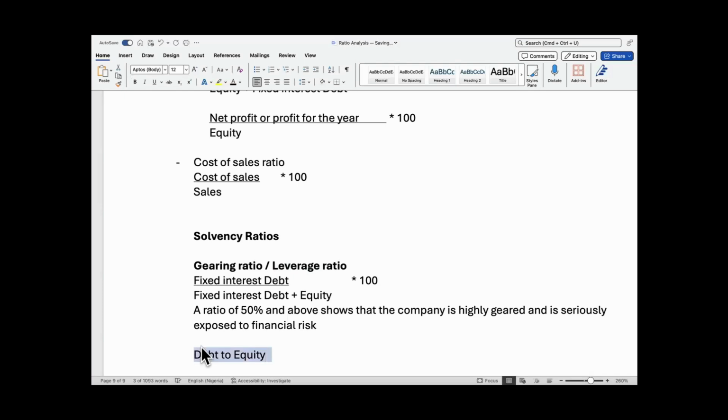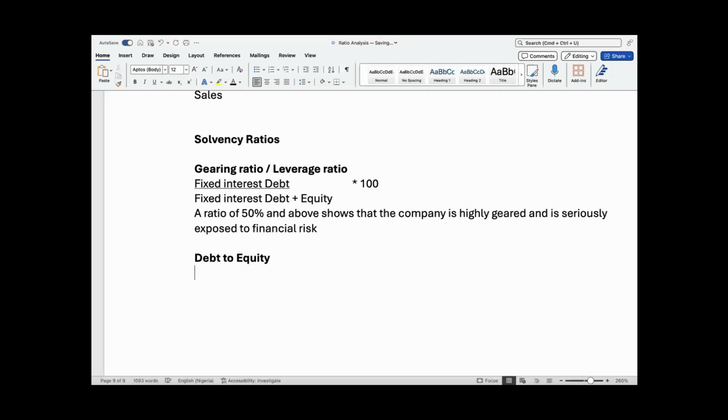And I'm sure you should be able to deduce this formula as simply your fixed interest debt divided by equity. Of course, multiply by 100/1.